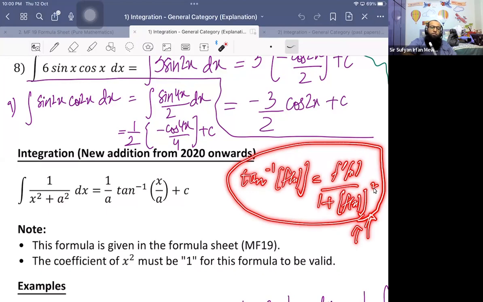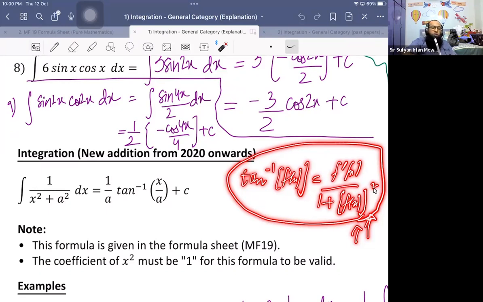And I told you that this is derived using the concept of implicit differentiation. But deriving that was not a part of our syllabus. It was not essential for us to derive. If we just remember this formula, then also we are able to deal with it successfully. So tan inverse f(x) is f prime x upon 1 plus f(x) whole square.